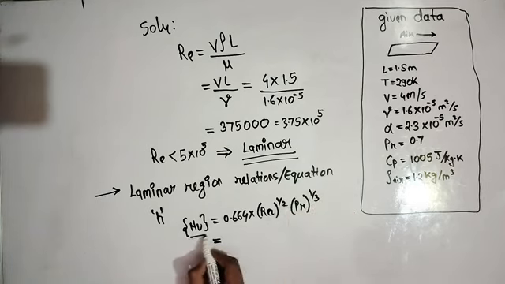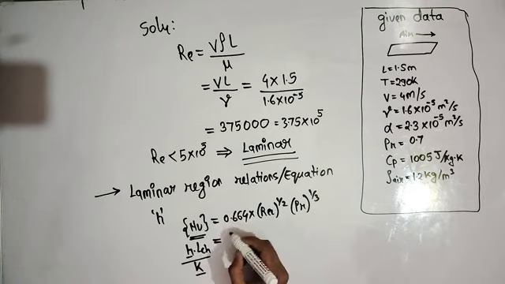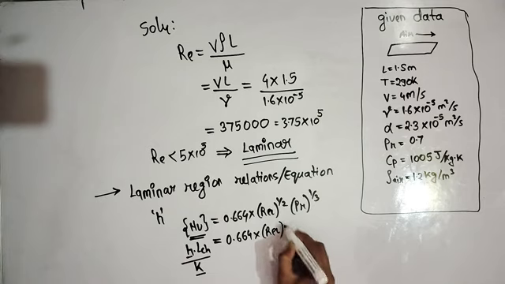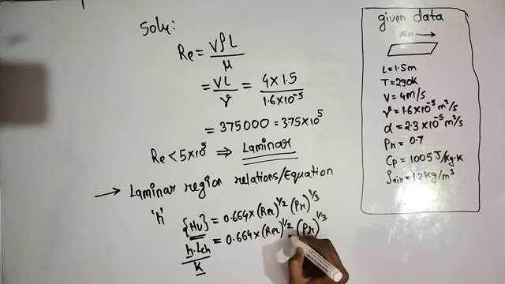Here we will substitute the formula for Nusselt number, which is H L_CH by K. Here K is the thermal conductivity, H is heat transfer coefficient, and L_CH is characteristic length, which is 0.664 into Reynolds number to the power 1 by 2 and Prandtl number to the power 1 by 3.